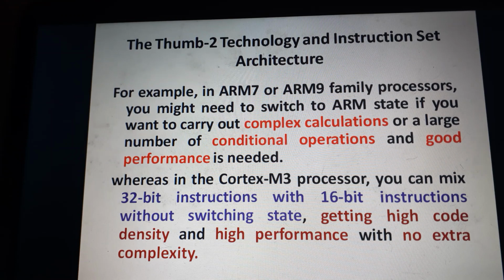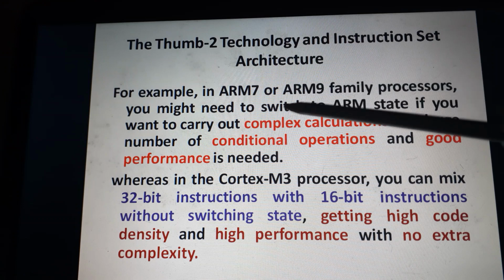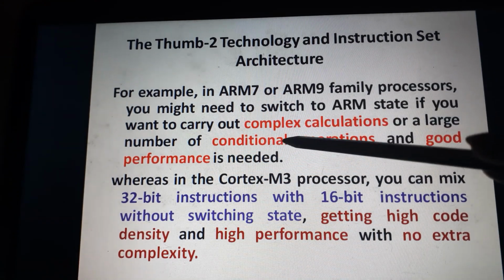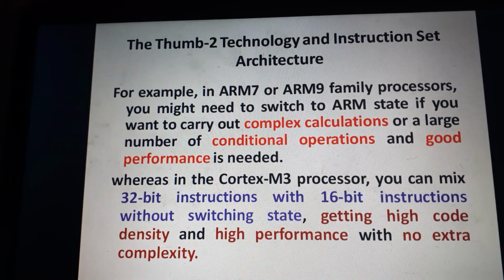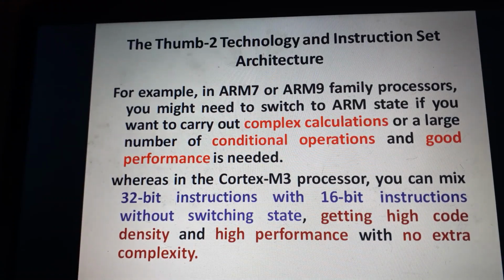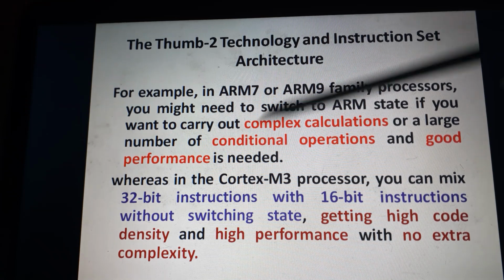So there was a requirement to switch to ARM state, and using the ARM instruction set, there is a necessity to implement the complex calculation part and some decision-making part of a program to get good performance.